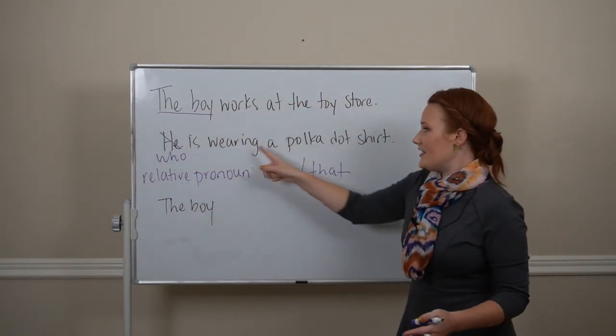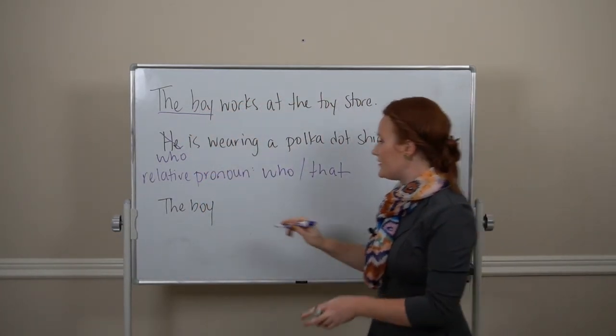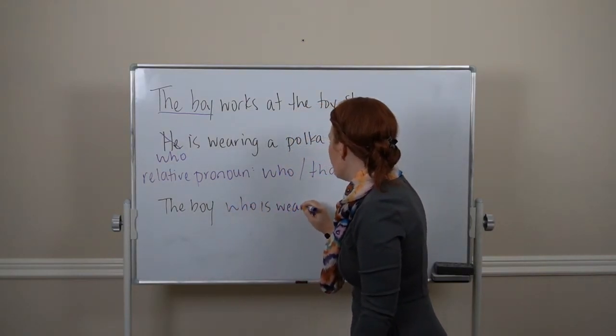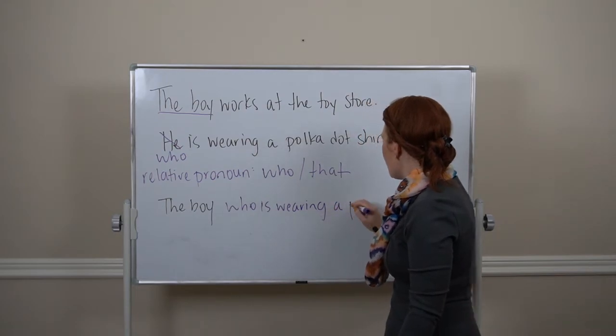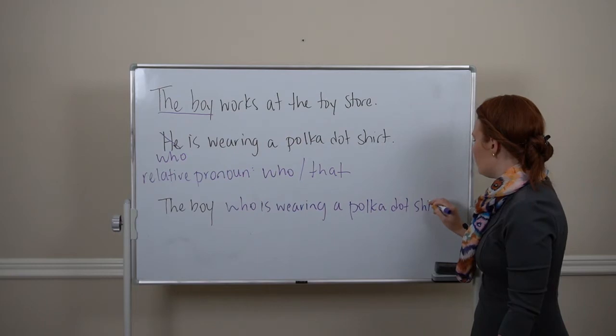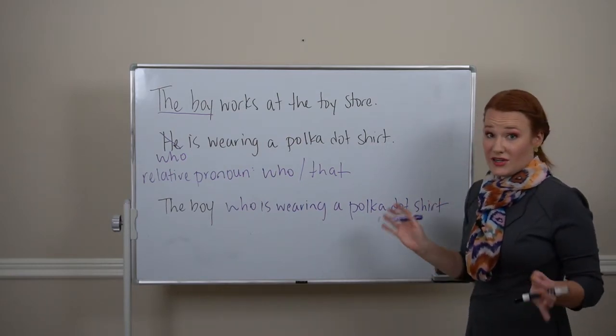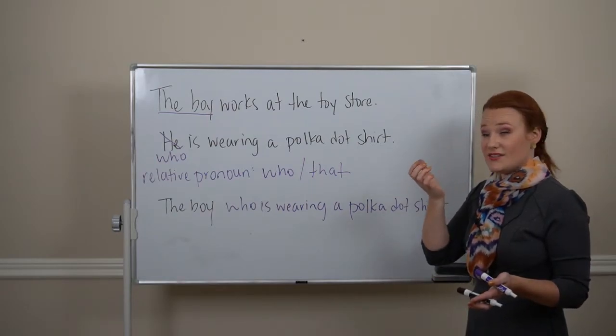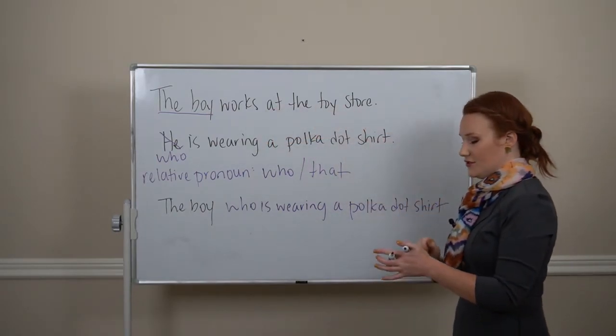So I'm going to take this as my relative clause. The boy who is wearing a polka dot shirt. Okay, we're good. Now I need to go back and finish the original sentence. Works at the toy store.